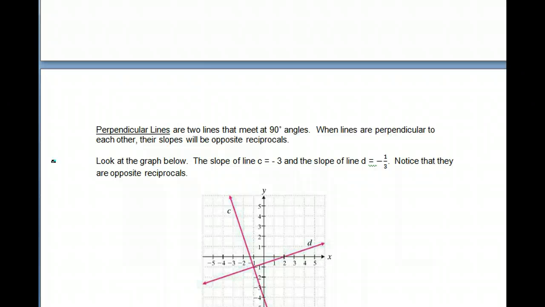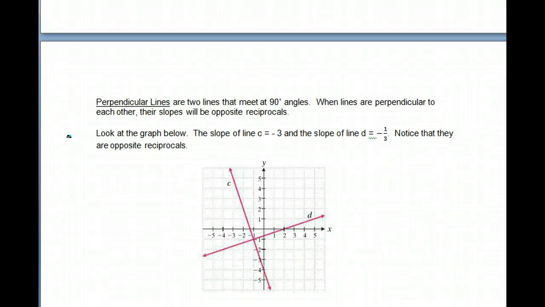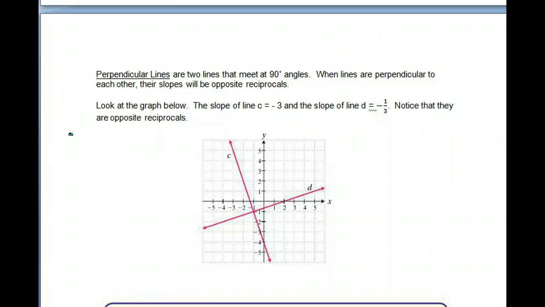Now, perpendicular lines, they are 2 lines that meet at 90-degree angles. When lines are perpendicular to each other, their slopes will be opposite reciprocals of each other.